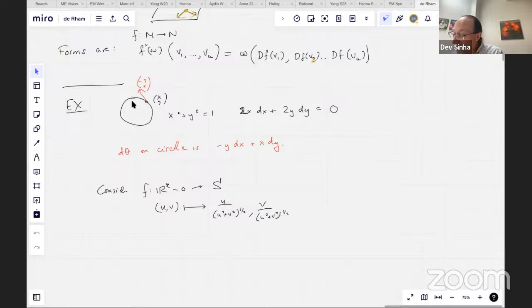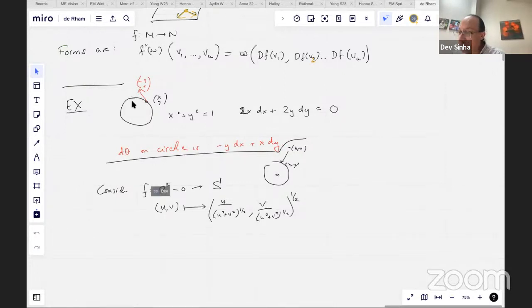So (u, v), a point in the plane, projects onto, if I'm anywhere here and I've got my unit circle, (u, v) goes to this (x, y). So I've got that projection from R2 minus the origin to the circle, and let's calculate the pullback.